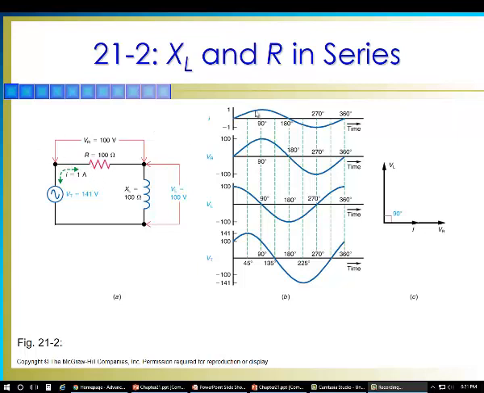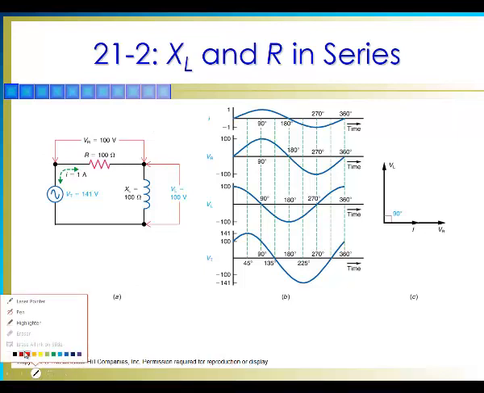So therefore, if we need to add voltages, we have 141 volts applied, but then we see that if the current is 1 amp, for example, 1 amp times 100 ohms gives you 100 volts across the resistor, and 1 times 100 gives you 100 volts across the inductor.